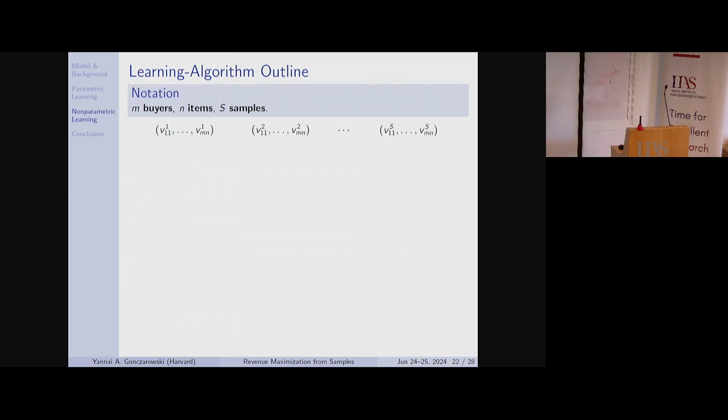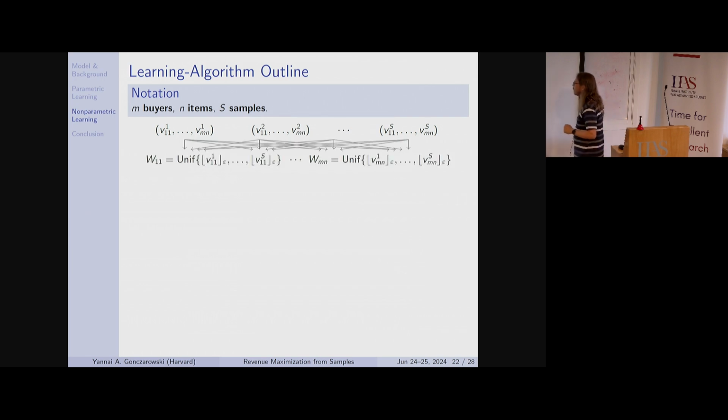Here's the learning algorithm outline. It's deceptively simple. The analysis is going to be the interesting part, on the following slide. Assume we have S samples. Each sample is V11 through VMN, so for each buyer-item combination, a sample from capital Vij. We start by mixing and matching them and forming capital W11 through capital WMN.